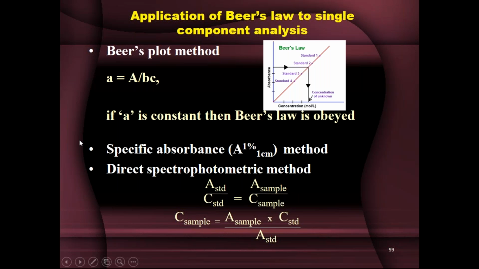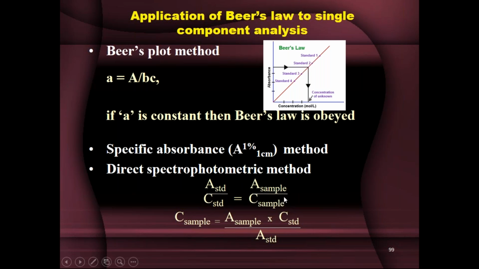You will see the left hand sides are equal because A by B, B can also be taken here. So A by B will be common since it is the same substance in standard and sample. So left hand sides will be equal, so right hand sides should be equal. And that's how you will get A standard by C standard equals A sample by C sample.